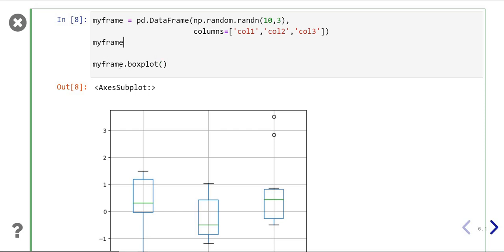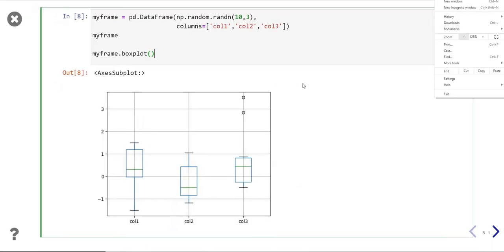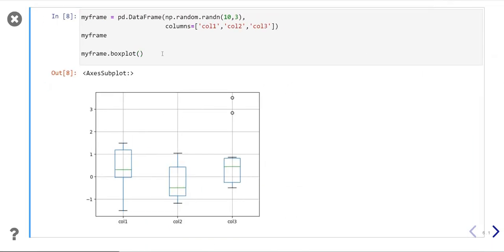So once you have my frame, you can straight away use my frame dot box plot to have the plot. There are a few options you can also do to plot the box plot. So this still does the job.